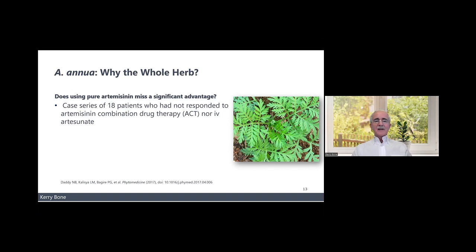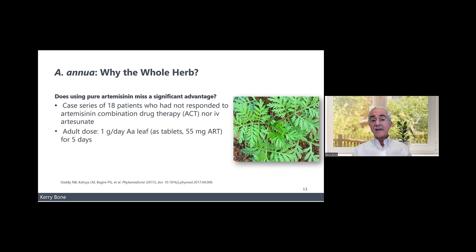So it was a case series of 18 patients who hadn't responded to artemisinin combination drug therapy, pure artemisinin with other antimalarial drugs called ACT, nor intravenous artesunate, which is an artemisinin derivative that's more active and bioavailable. So it failed. These patients had acute falciparum malaria, and the treatment failed.